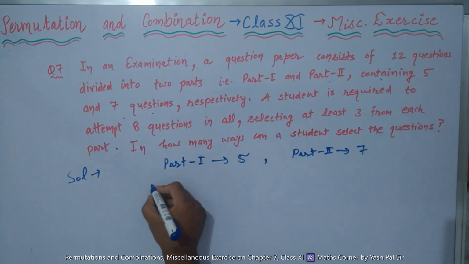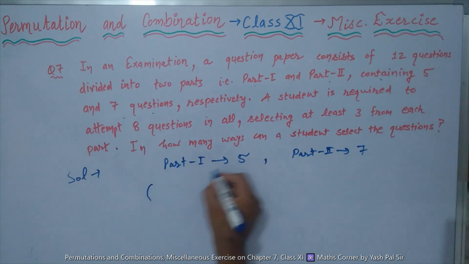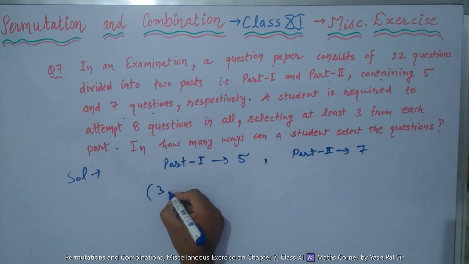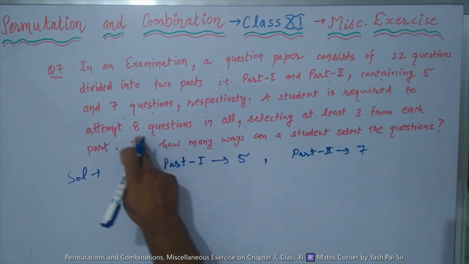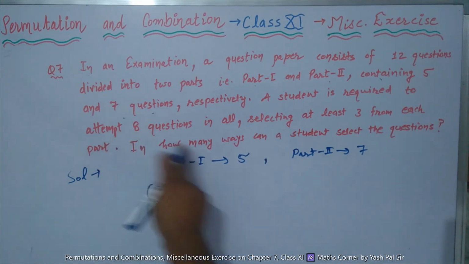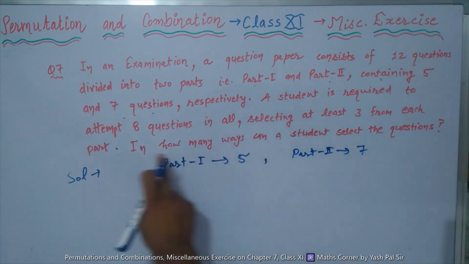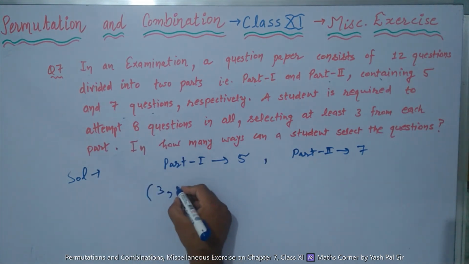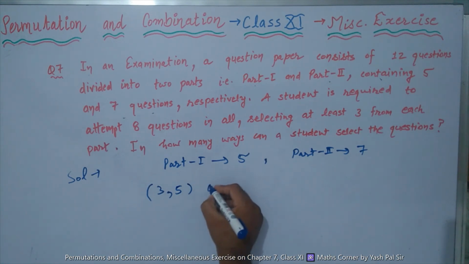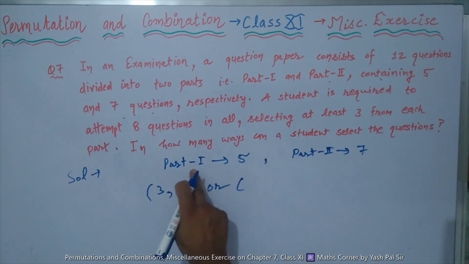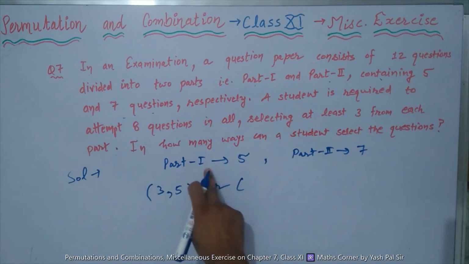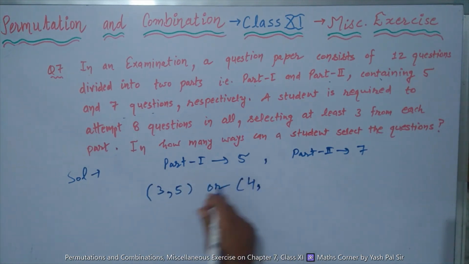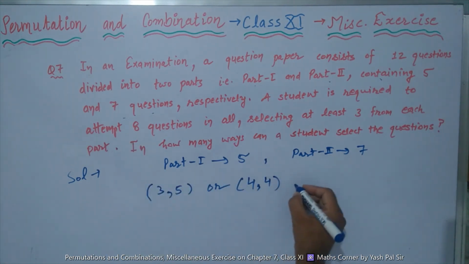So if from part 1 3 questions are selected, then how many questions are to be selected from part 2? Because total questions to be selected should be 8. 5 are remaining. Or if the student selected 4 questions from part 1, then how many questions will he select from part 2? 4 plus 4 equals 8.